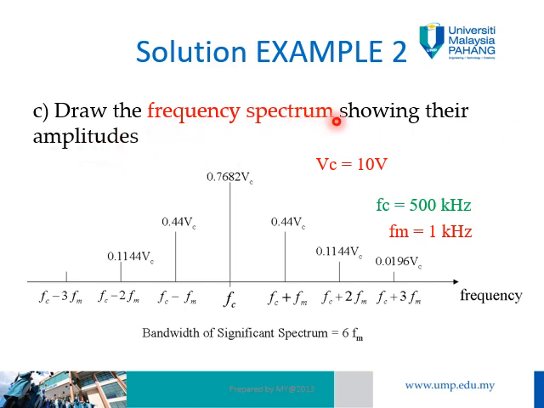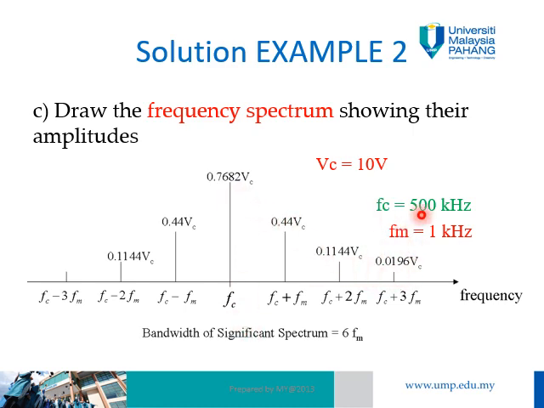Draw the frequency spectrum. So this is the spectrum. We have the frequency and the amplitude. The amplitude is multiplied by Vc. So this one is 7.7, 4.4, 1.1, and this is 0.2 volt.